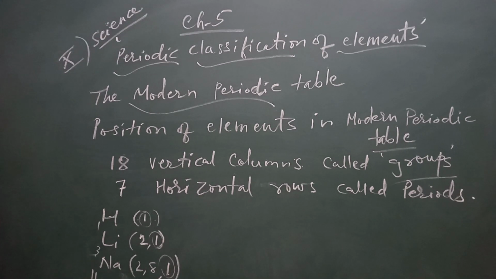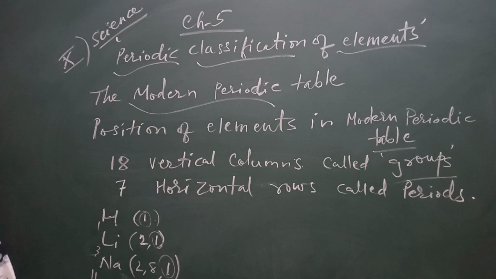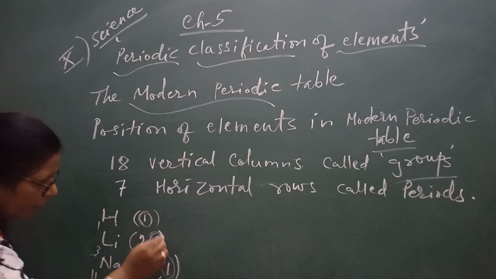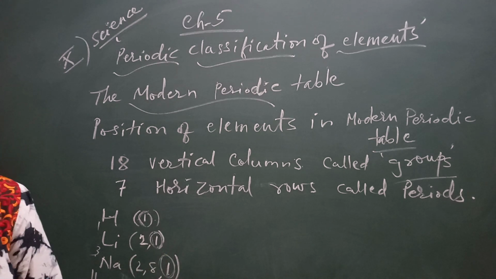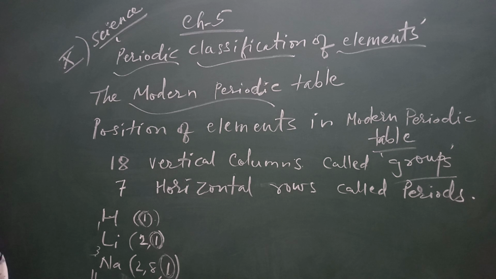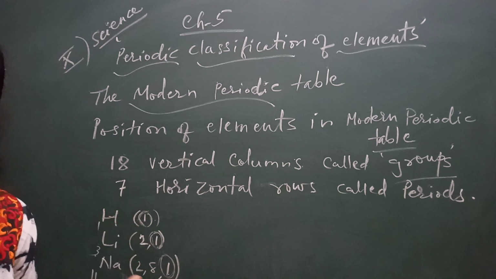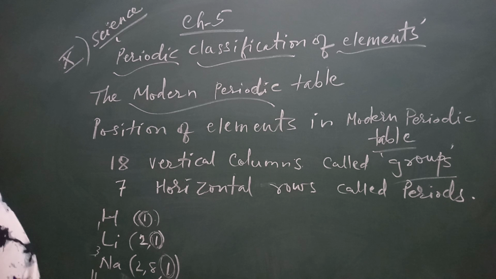Now what type of similarity do you see in all these elements of group 1? In the electronic configuration we see that there is only 1 electron in the last orbit of the element. And how many valence electrons? Valence electrons means the electrons present in the last orbit, and that is 1 in all the cases you have seen.